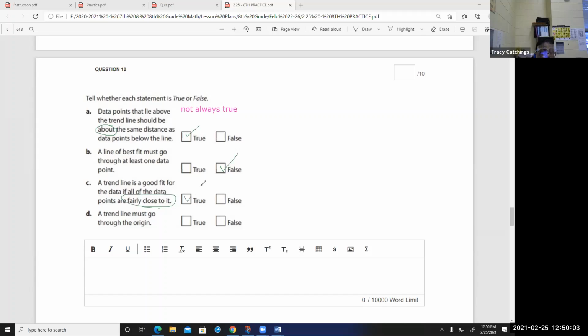That's true. They all need to be close to that line. And then D says the trend line must go through the origin. That's false. Don't necessarily have to go through the origin. Any questions about it? All right, so you should add true, false, true, false.